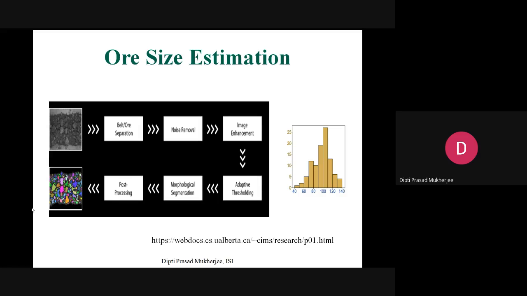You can draw the histogram of the size of those pieces. On the right hand side, you see a histogram, and the x-axis 40, 60, 80, 100 all represent millimeters. So 40 millimeter size rock, 60 millimeter size rock, 80 millimeter size rock, and this is how you look at the histogram.